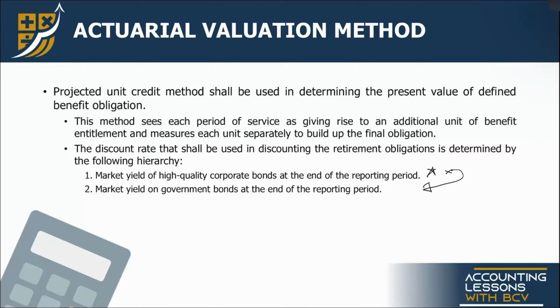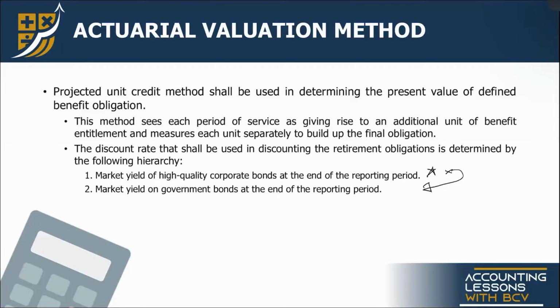So when we say high quality corporate bonds, these are corporation na matagal nang nag-ooperate, di ba? Matagal na siya nag-ooperate because na surpass niya na yung test of time, di ba? Yan ang ibig sabihin ng tinatawag natin mga high quality corporation. So if this corporation issues bonds, then the market yield will be available.